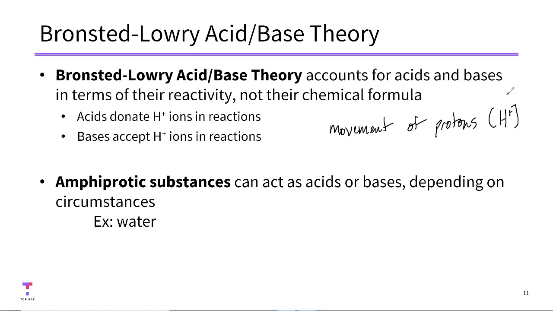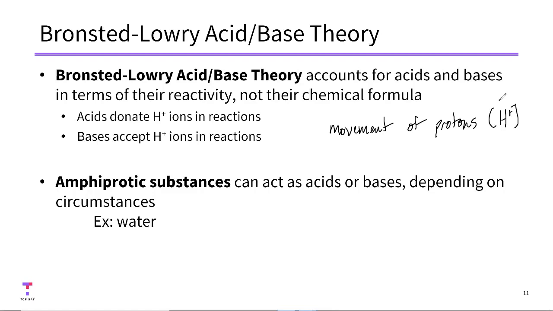Now, why do we call H+ ions protons? Well, let's think about that for a second. If I have a hydrogen atom, atomic number for hydrogen is 1. So I've got 1 proton and 1 electron. Most hydrogen atoms are just that. They don't have any neutrons. So if I've got 1 proton and 1 electron, and the electron goes away because it's now charged, all we're left with is the proton.